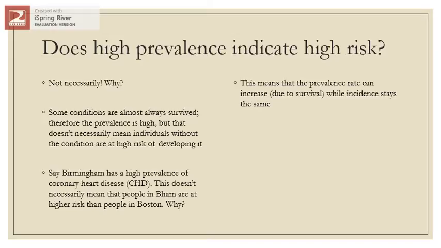People have coronary heart disease, but they're living longer. They don't die from it, but incidence stays the same. So again, the point is that you can have a high prevalence rate. That doesn't necessarily mean that the incidence rate is high as well.